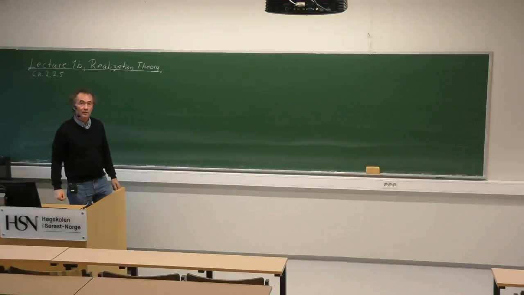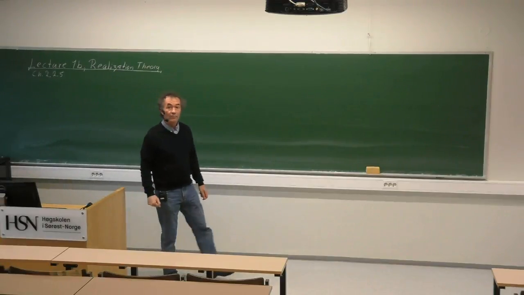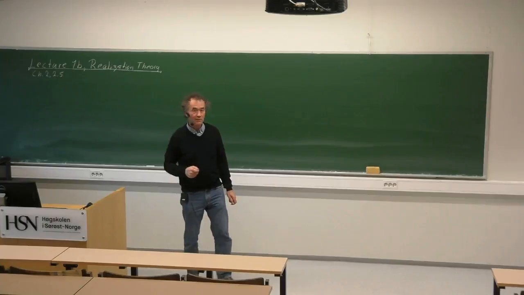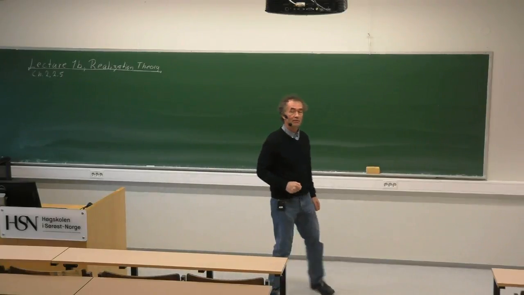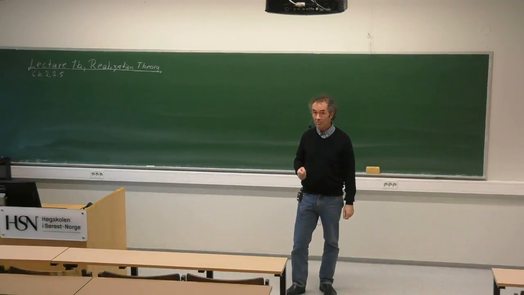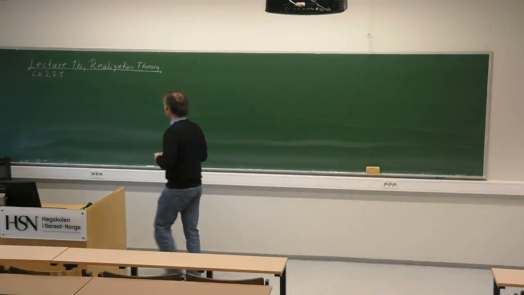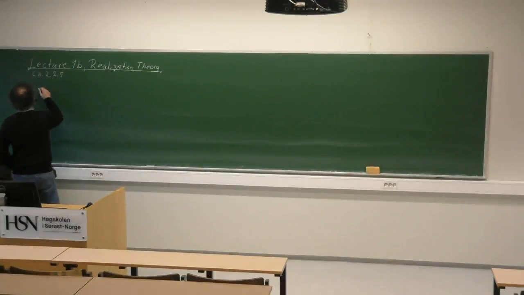Hello students, I will show you how to use realization theory to identify the model matrices A, B, D from so-called impulse response matrices. So, assume known impulse response matrices.